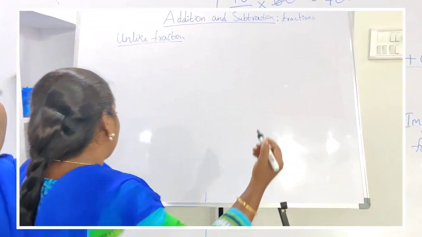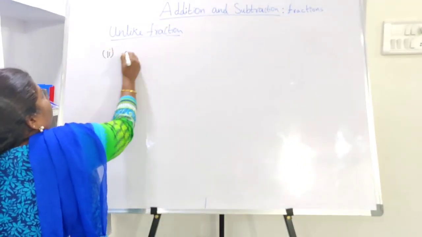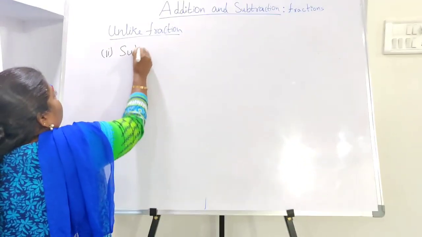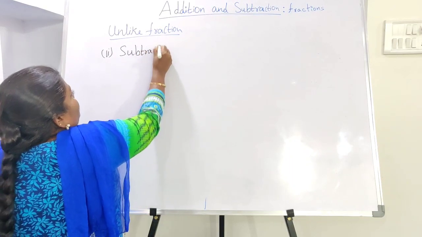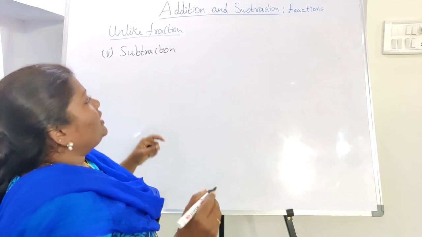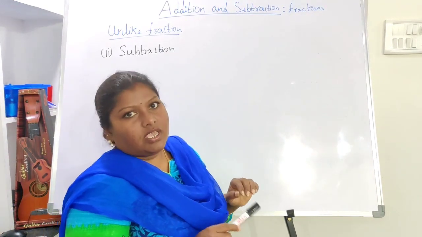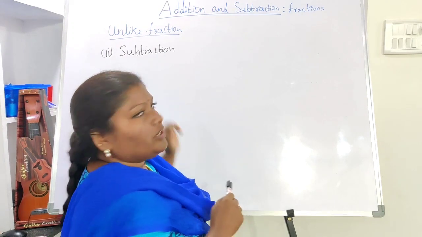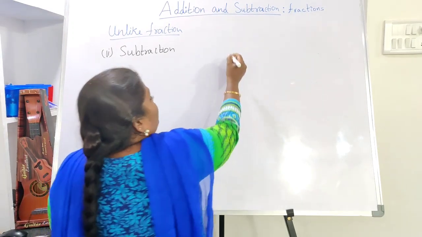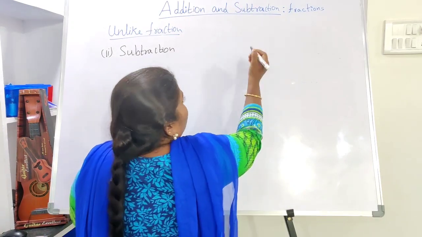So now let's move on to the subtraction part. Subtraction is similar to the addition part. The only variation is that over there you are going to add the fractions, and at the last here you are going to subtract. But the remaining, taking the LCM part and everything, is as it is.